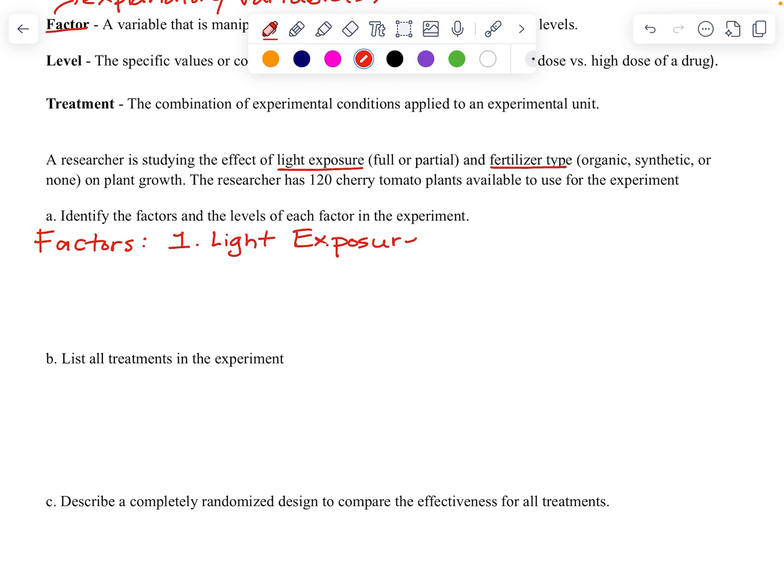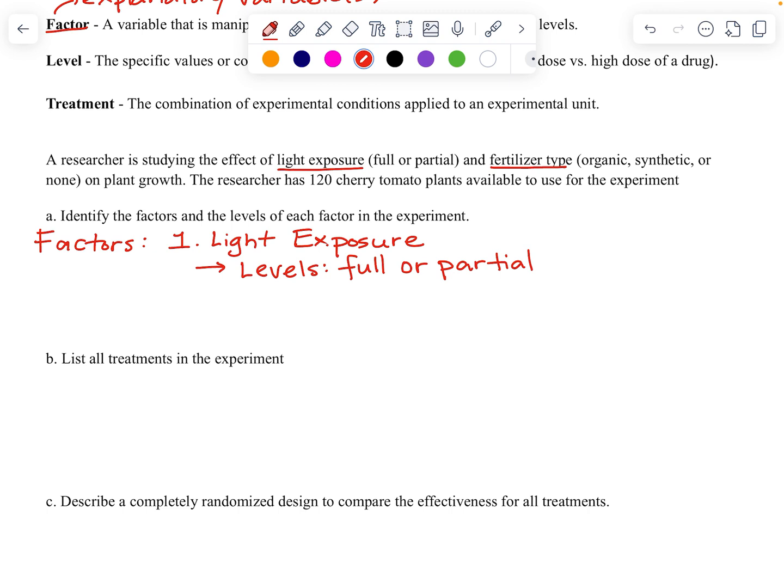So then for light exposure, what are our levels? Well, in this case, it's full or partial. Those are our levels of the factor of light exposure in this experiment.